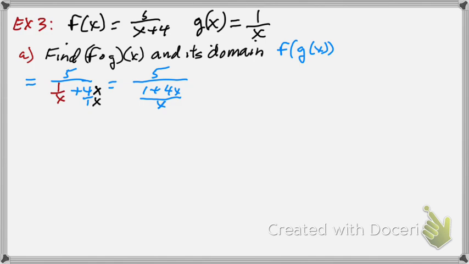Good so far? Check my algebra. And then we do what? I'm keeping the 5, changing to multiply, and flip.